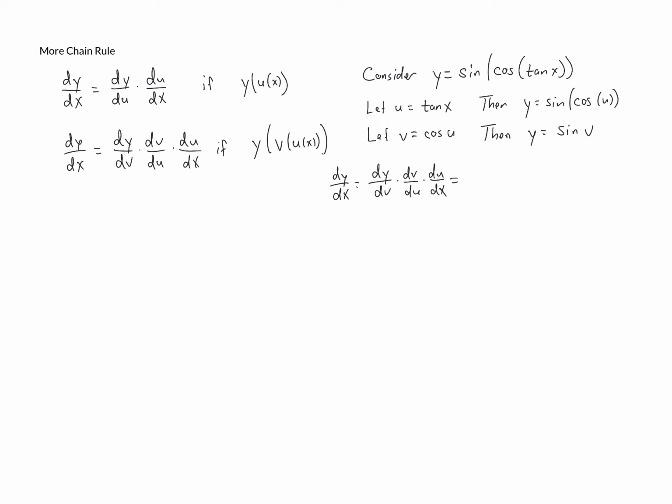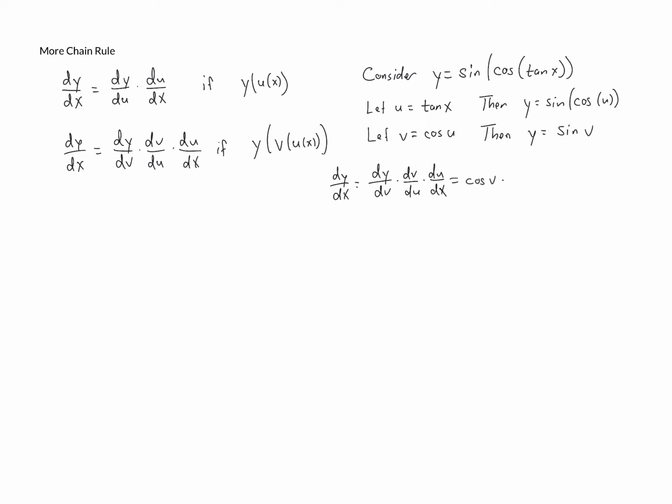So that's the derivative of y with respect to v. Well, we know that y is sine of v, so the derivative of sine of v is cosine of v times dv over du. That's the derivative of v with respect to u.